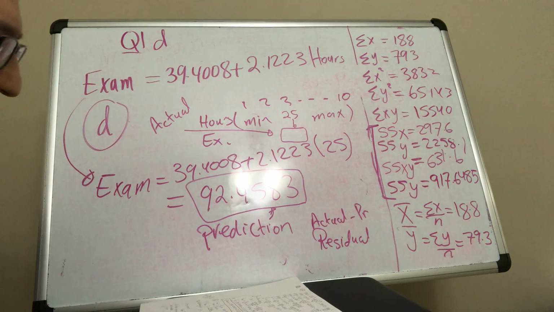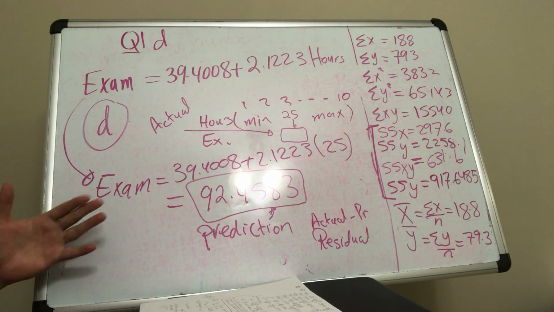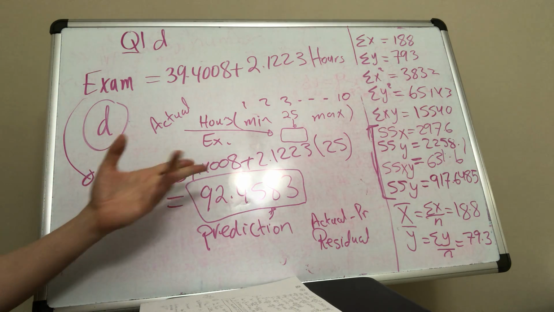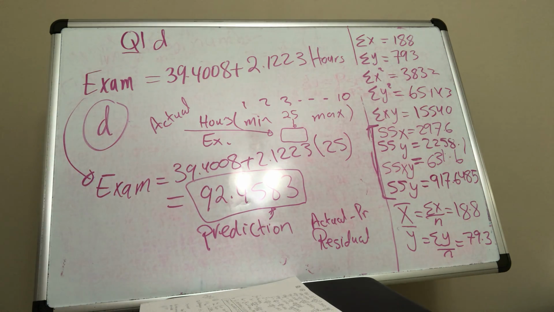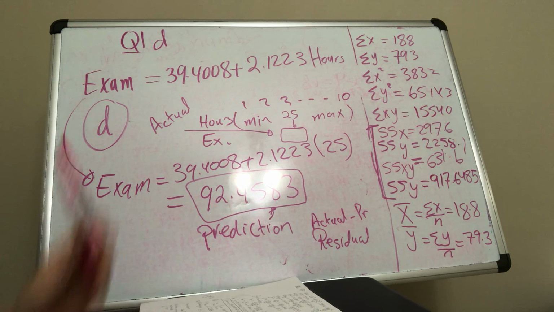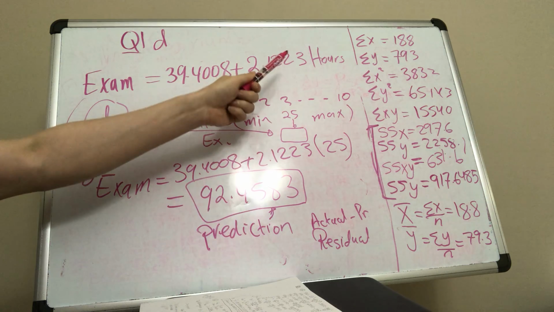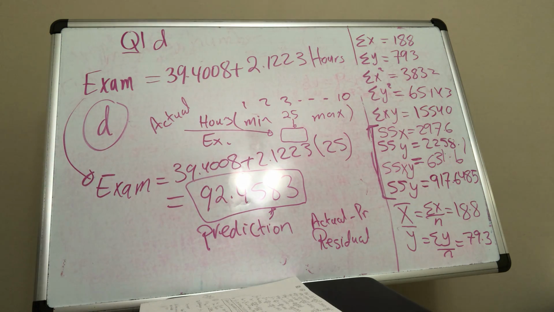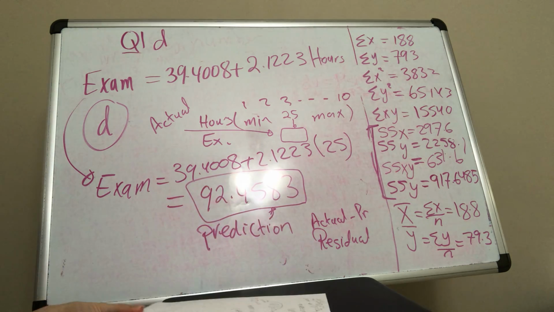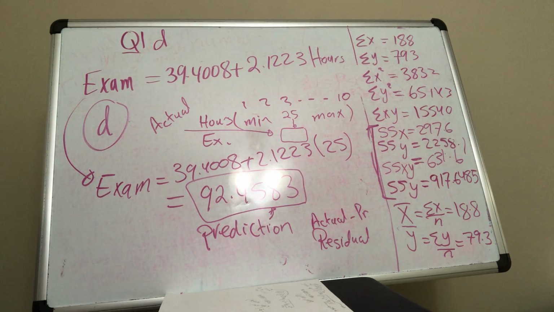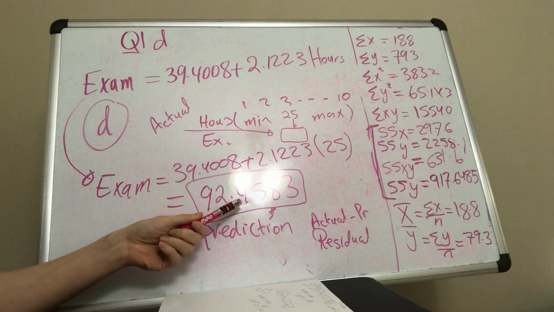But the question doesn't ask for this. All the question asks is, can you predict the exam score for Fred, who spent 25 hours of studying? You check to see if 25 is within range. It is within range, so you just plug in. His exam score is 92.4583. But in addition to this, this is your projection.